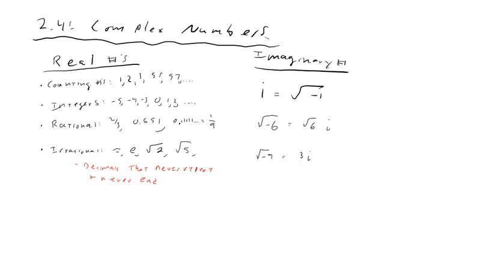So a negative sign in a square root becomes an i.